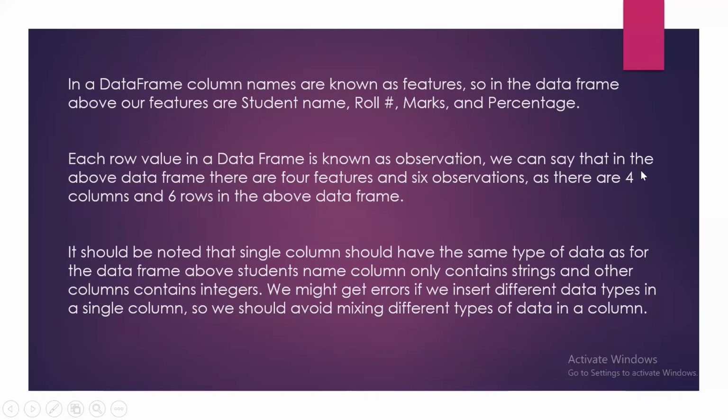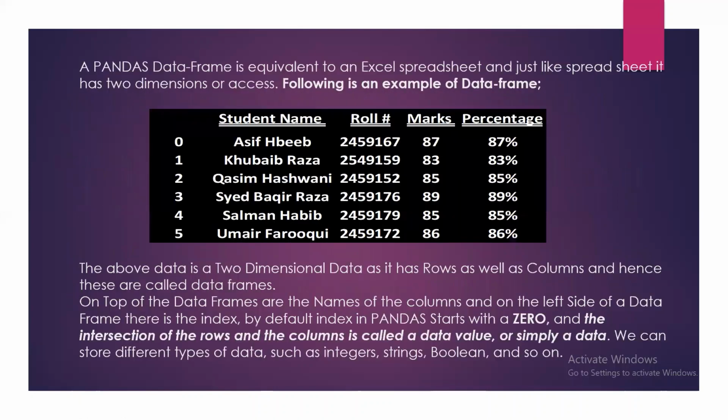We can say that in the above data frame, there are 4 features and 6 observations, because there are 4 columns, therefore 4 features, and there are 6 rows, 0 to 5, therefore 6 observations.